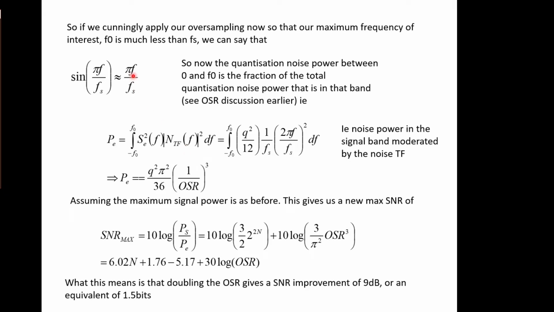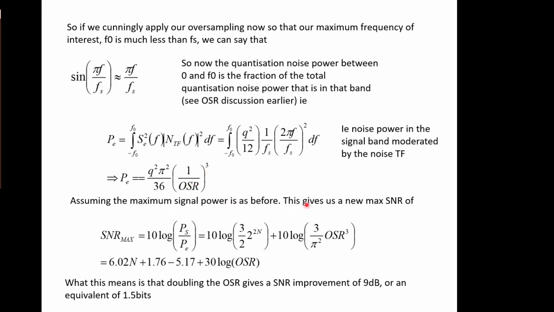So that pi f over fs just drops into here, and we have to square it, and we do the integration of this, and we end up then with q squared. Remember, q is the quantization error magnitude, pi squared over 36, 1 over OSR to the 3.